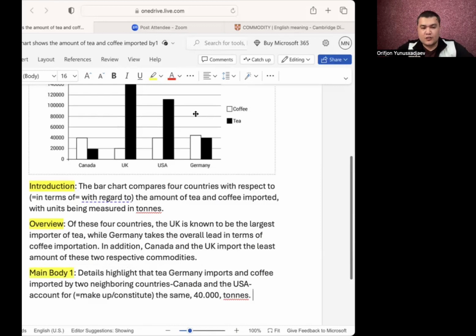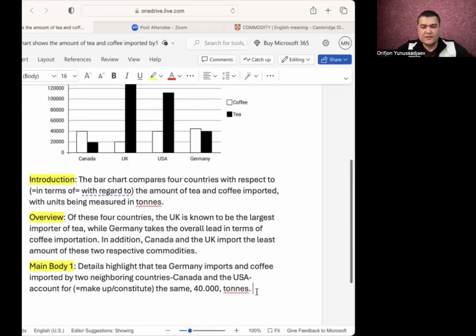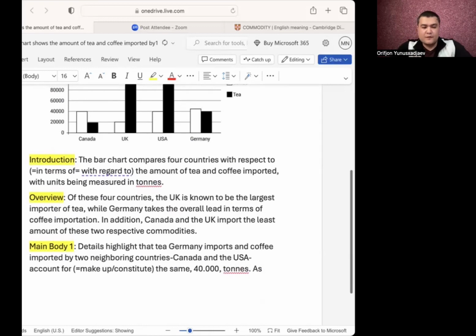Now I can talk about Germany here because it's the main importer of coffee among these four countries. And again, when it comes to this, "as for" is a better option. As for the coffee import, and we need to write down the linking word here: by contrast, or however, on the contrary, in contrast. So what is happening?